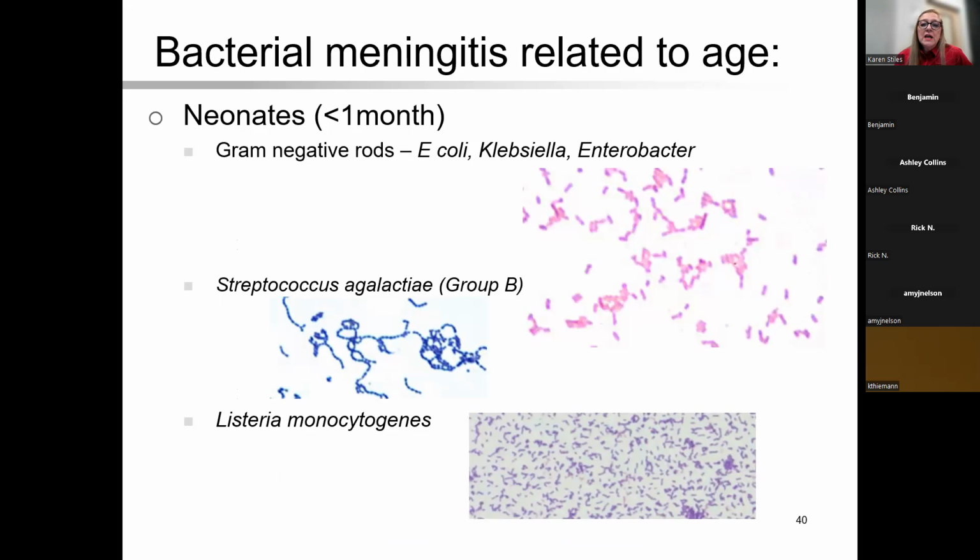So these two slides too, we can print out, or the whole presentation is available to you. But what I've actually done is I have taken these and enlarged them to 8x11 and placed them right near the scope. So people can look at these and say, okay, these are the most common bacteria that we see in a 1-month-old neonate, or this is what we see in an adult.